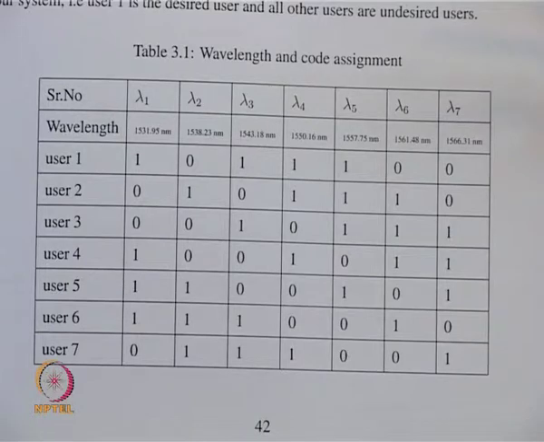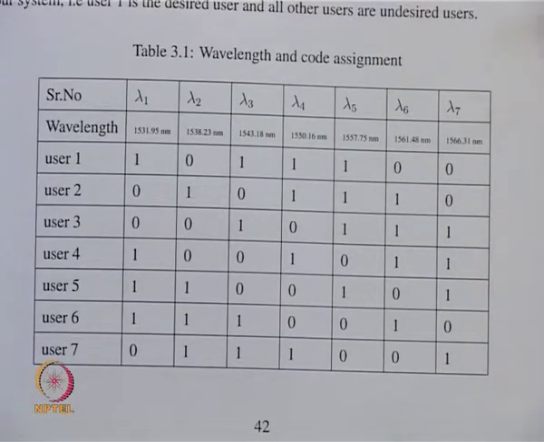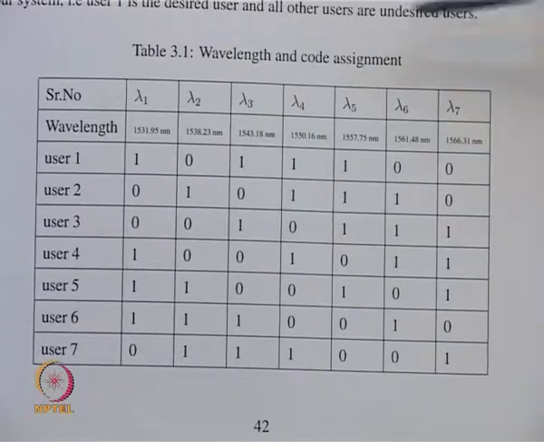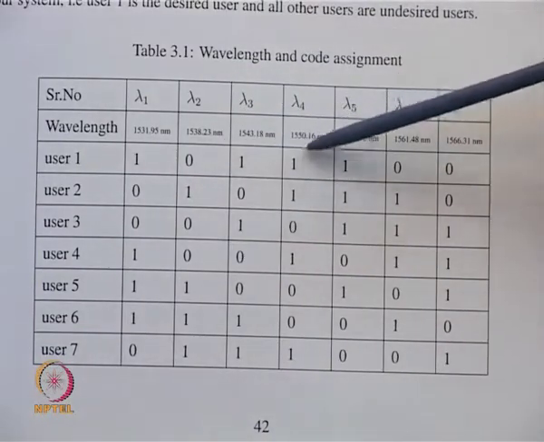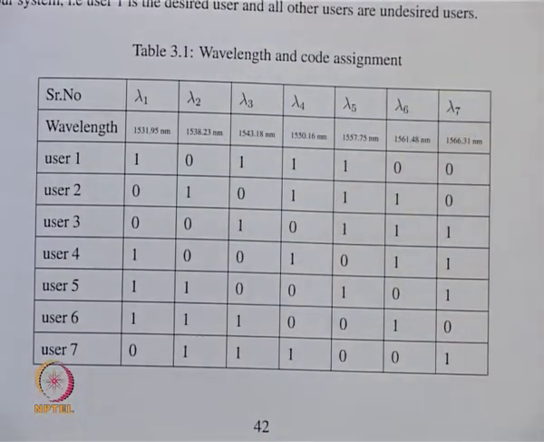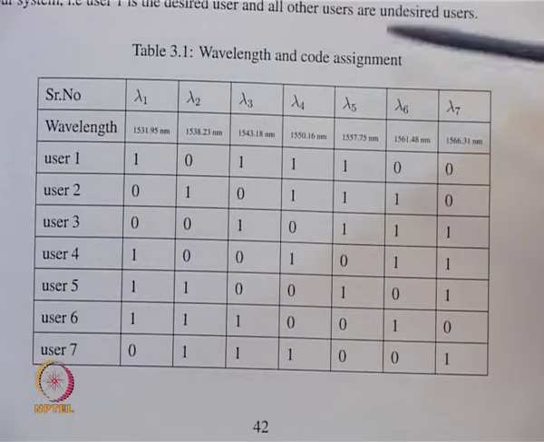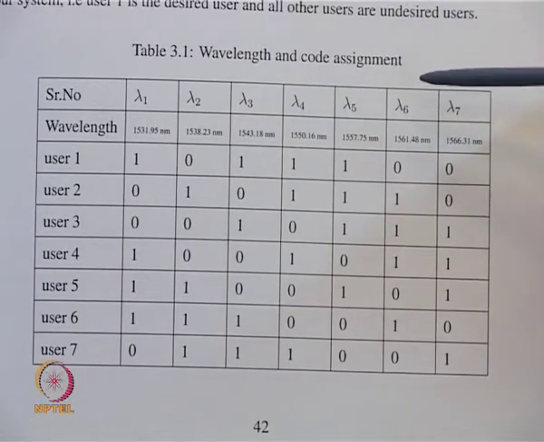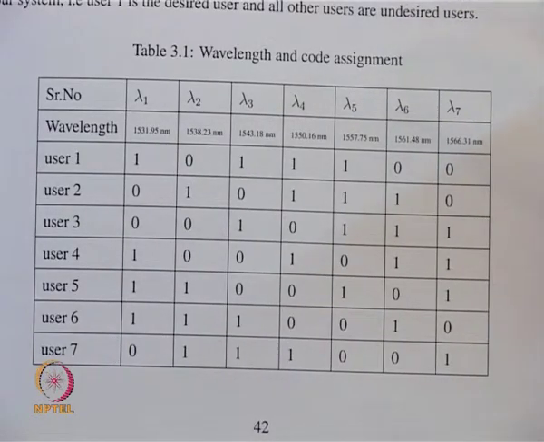Each wavelength, lambda 1, lambda 2 to lambda 7, can be obtained by connecting a broadband source to a series of respective gratings which are reflected, and the output is taken through optical circulators. So for a system with code length of 7, the table gives the signal encoded for user 1 to user 7.